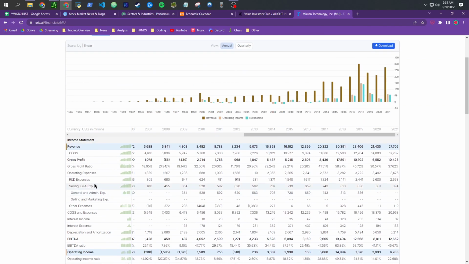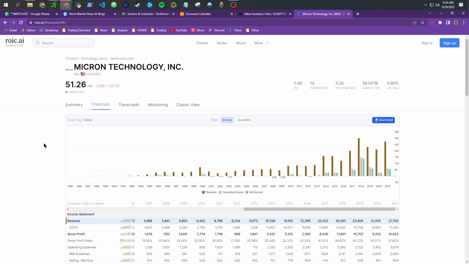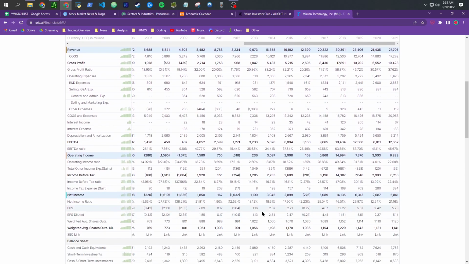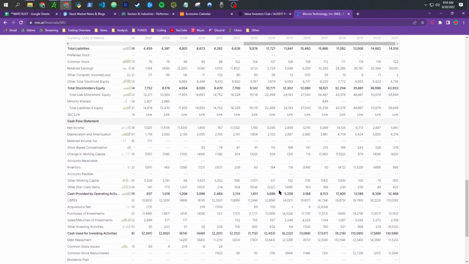So ROIC.ai, it's pretty useful. This is pretty much specifically what I use it for, just to look at historical operating margins, and I might look at free cash flow just to see how consistent they've been.